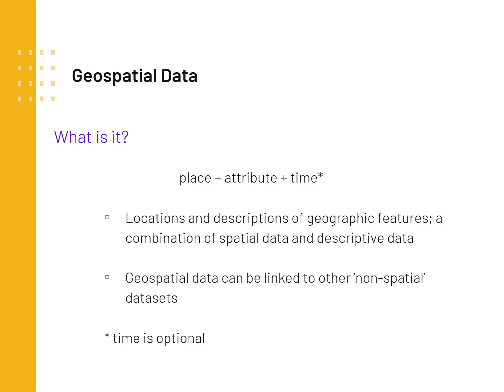The thing to realize is time is optional, but you'll see that more and more data sets will start to include time as data is getting easier and even cheaper to collect, so we can have multiple time slices. So you'll see time becoming more and more relevant in the data sets going forward.